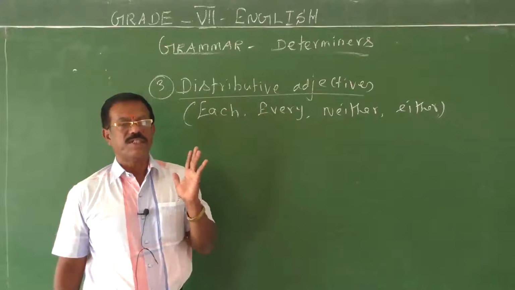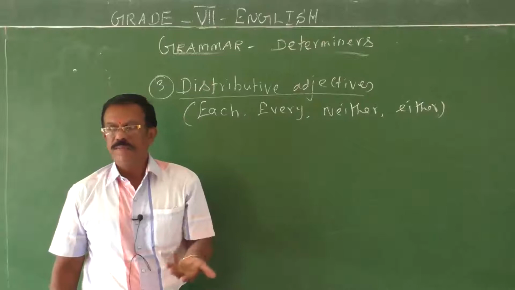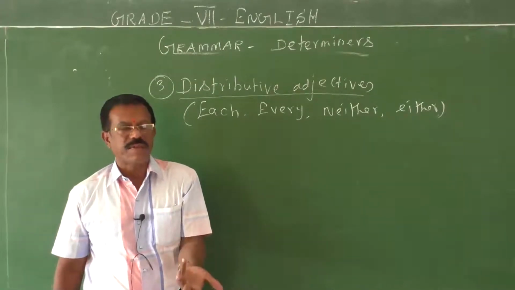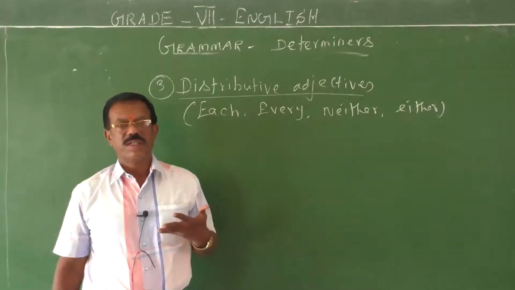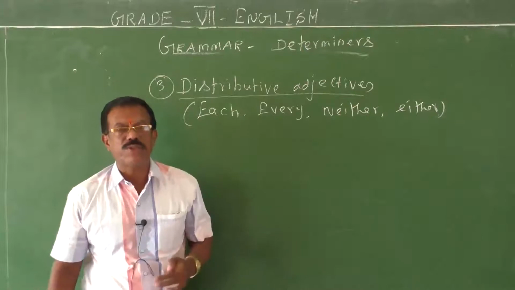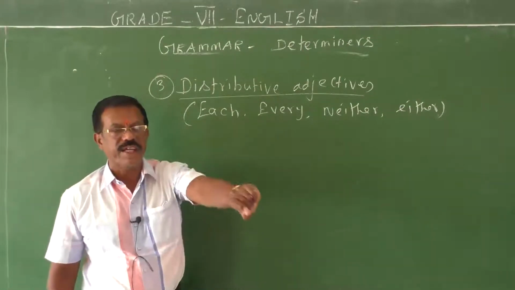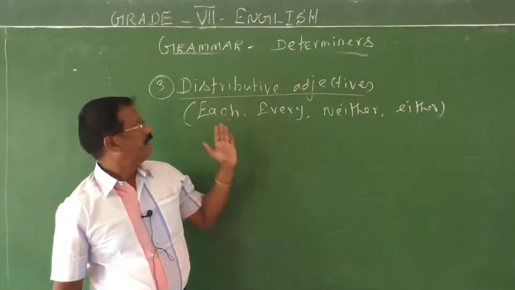Therefore, we call them distributive adjectives. You know the process of distribution, giving away gifts or prizes or sweets to each and every one of the students in the classroom. That's called the process of distribution. These adjectives also refer to each and every noun at a time. Therefore, we call these adjectives distributive adjectives.